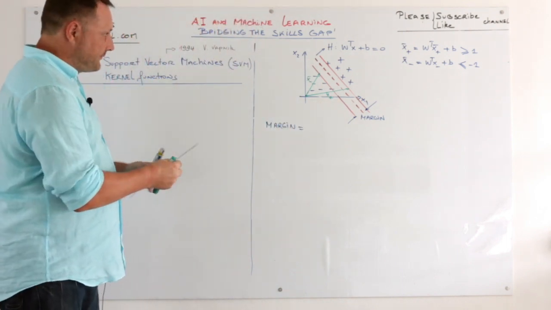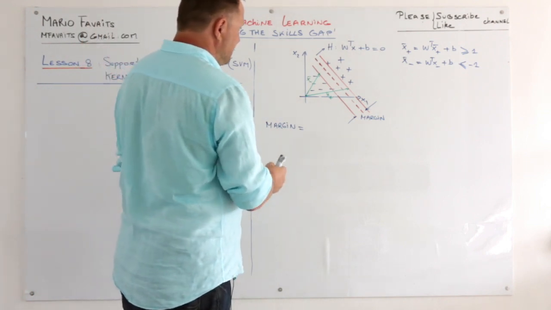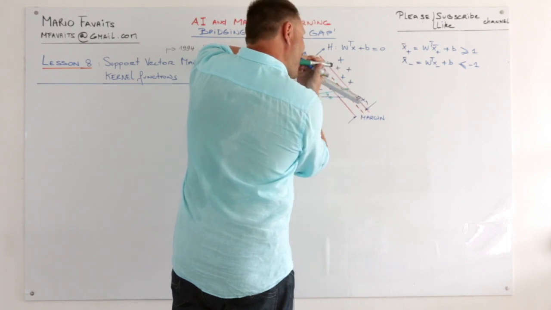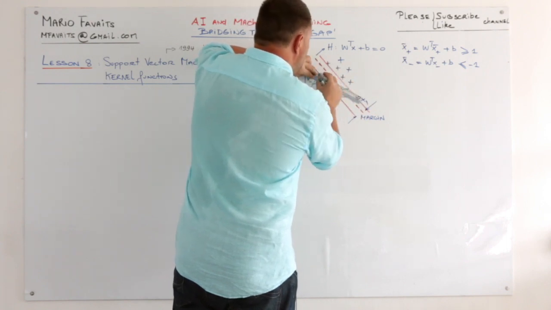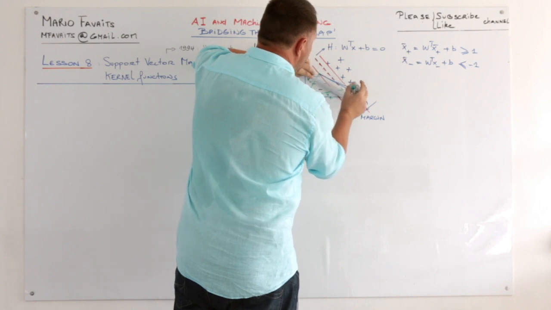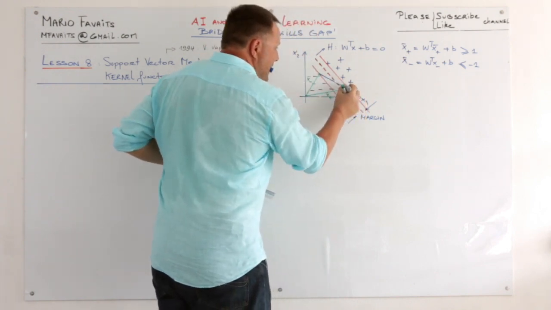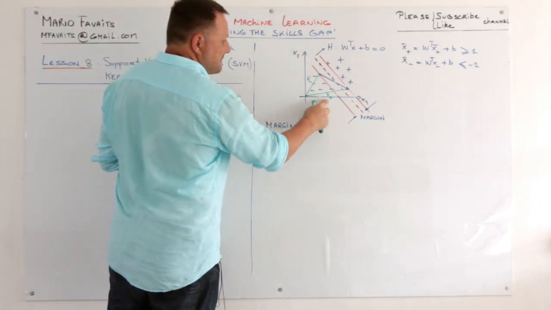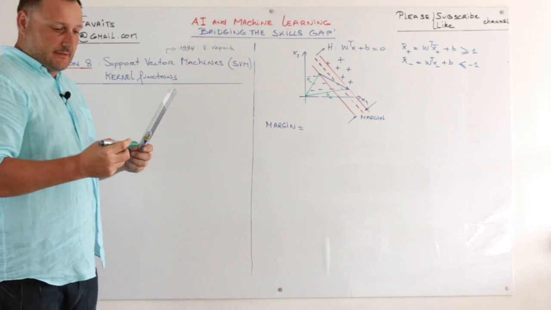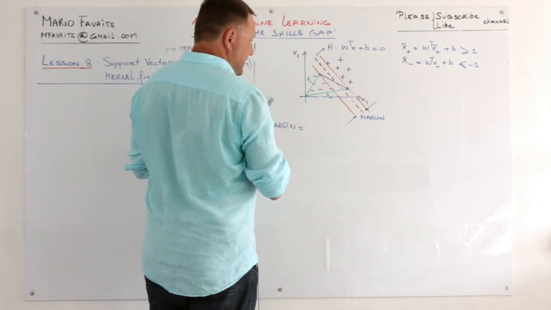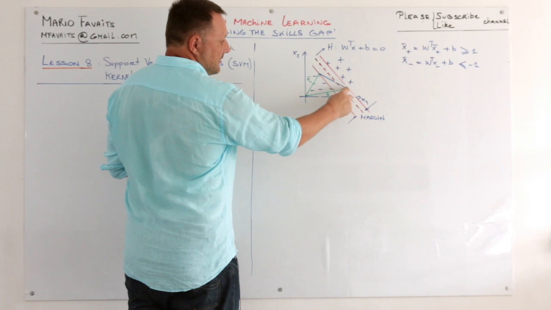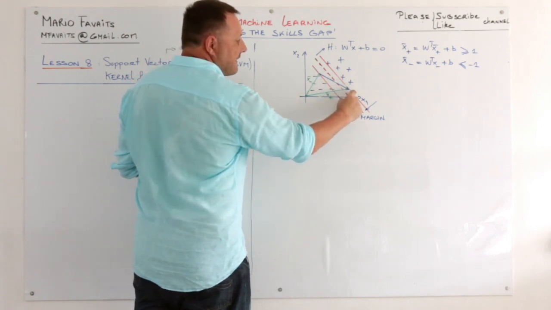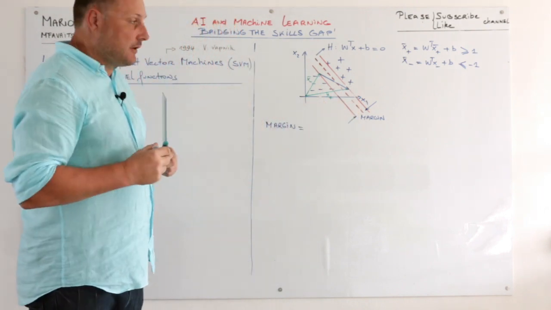That means that this vector, let me put it in blue here. This blue vector here is actually x plus minus x minus. And what we would like to do is to have an idea of the width of that margin.